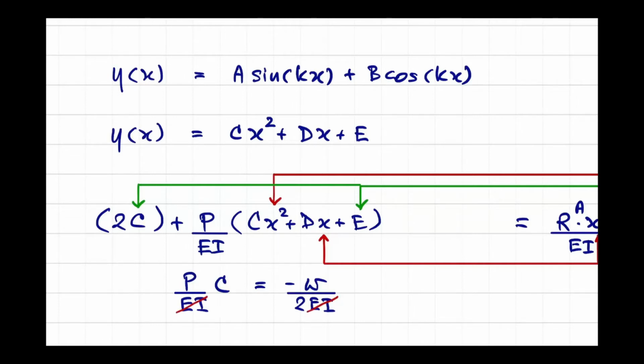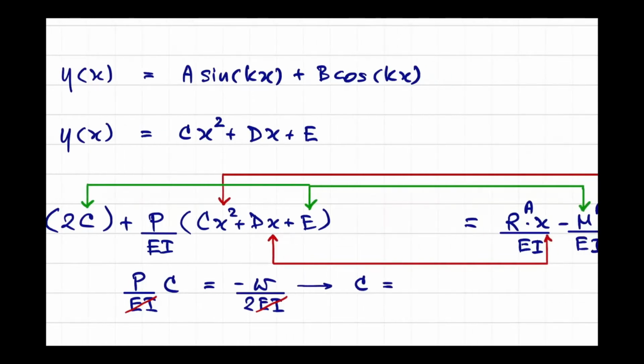The EI cancels out. That makes our C equal to minus W over 2P, right?